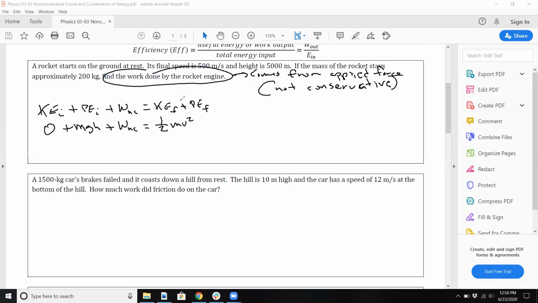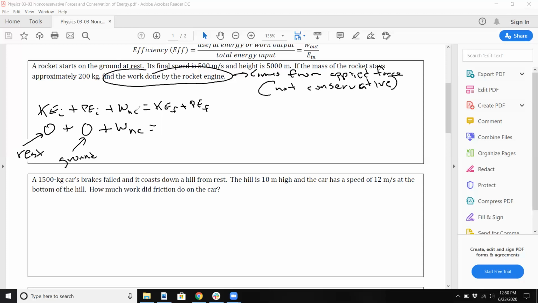You have no potential energy at the, oh, it's the other way around. Hold on a sec. Let me back up a little bit. It starts on the ground at rest, so it's actually 0 also. That's because you're at rest, and that's because you're on the ground.